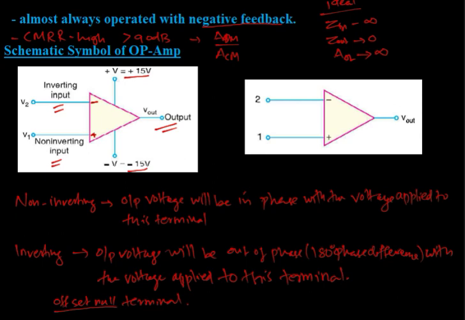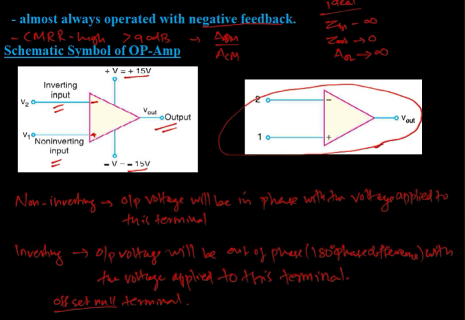And usually in circuits we will use the figure which is on the right side of this one. Here we will not represent the terminals for the power supply when we are using an op amp in a circuit.